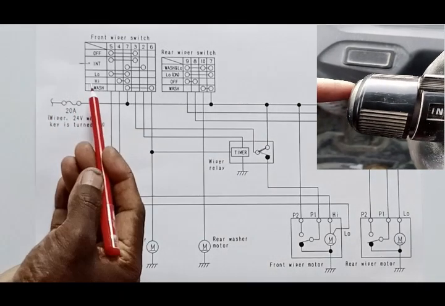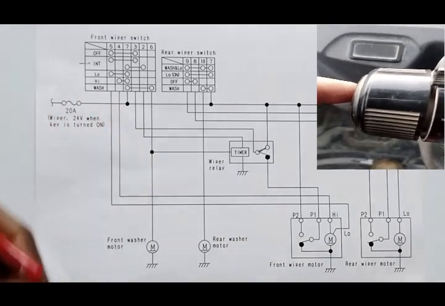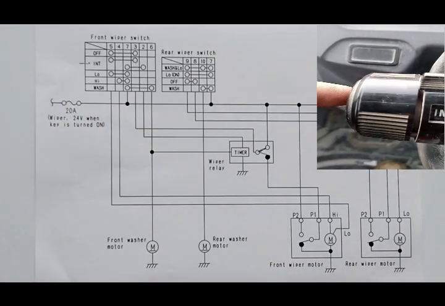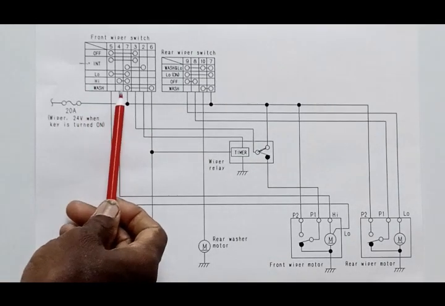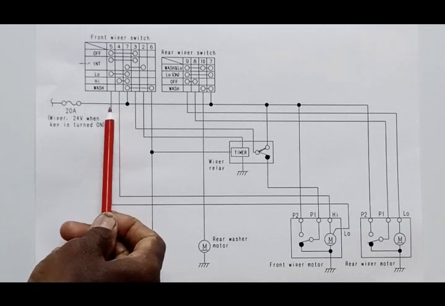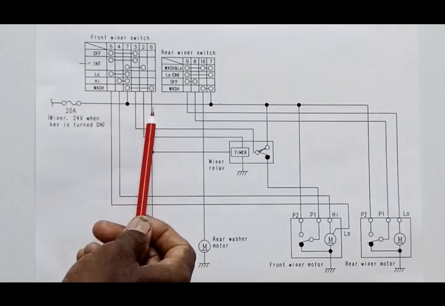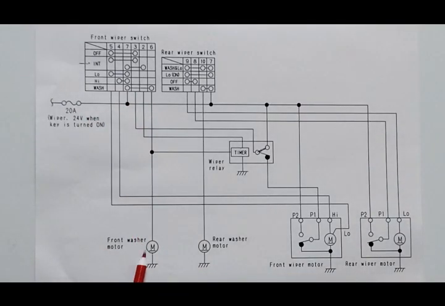When we push the washing button, as I showed you in the video, what happens? The power from this fuse goes to this washing motor, and the washing motor gives water on the windscreen.